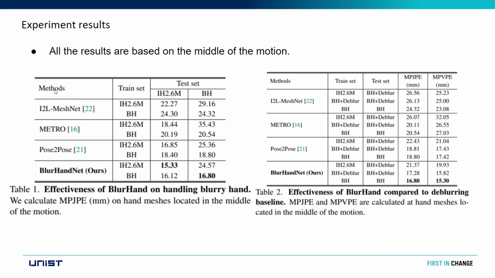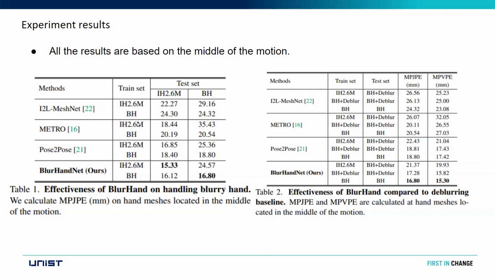First they trained these methods on InterHand2.6M, and then they trained them on the Blurry Hand. And they found out that if they train on InterHand2.6M, it performs very badly on Blurry Hand images. So it means the methods cannot perform well on blurry hand images.